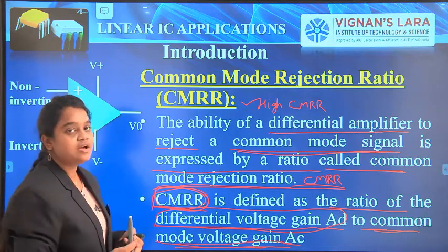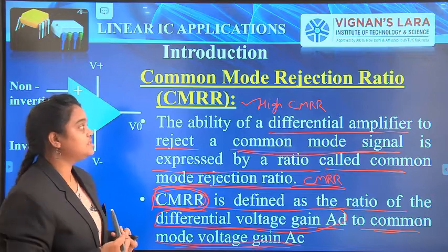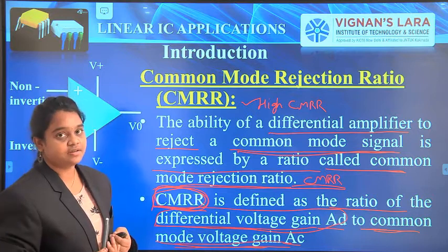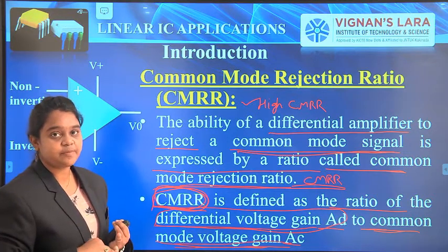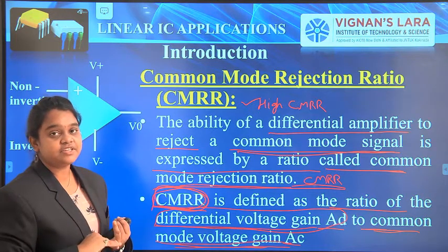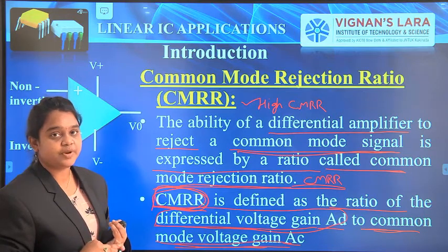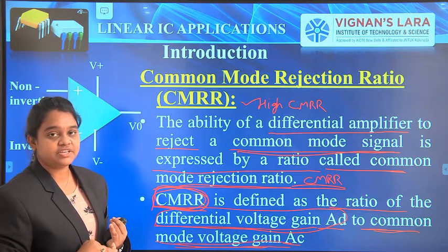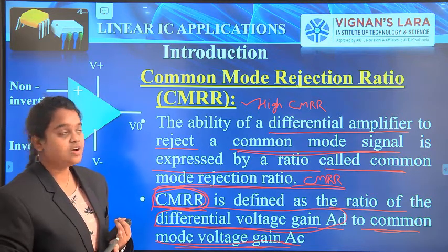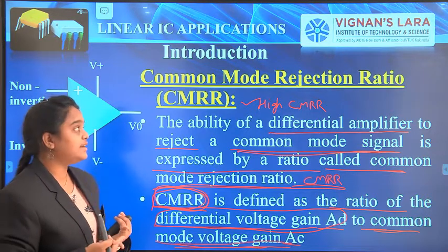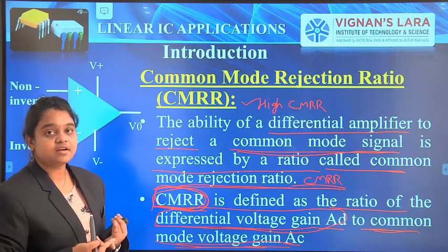As the name indicates, it is common mode rejection. We have two operations in a differential amplifier: one is the differential mode operation, and the other is the common mode operation.